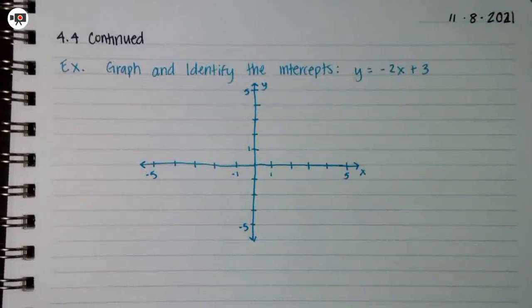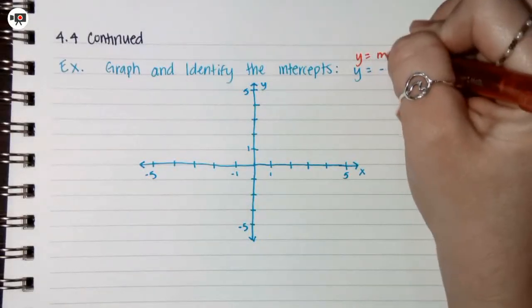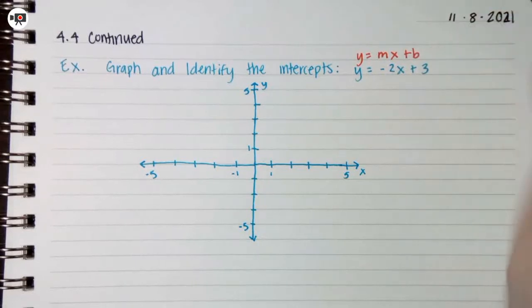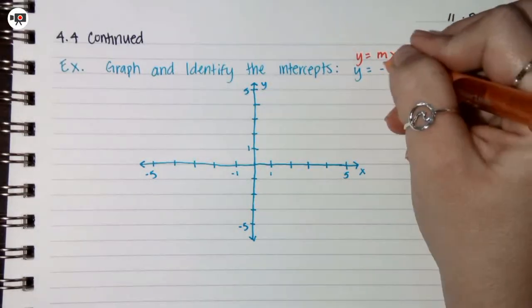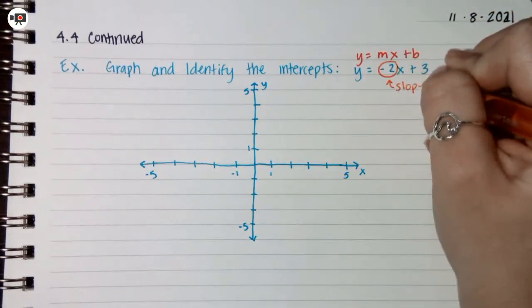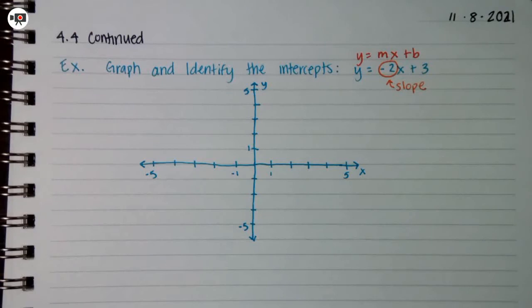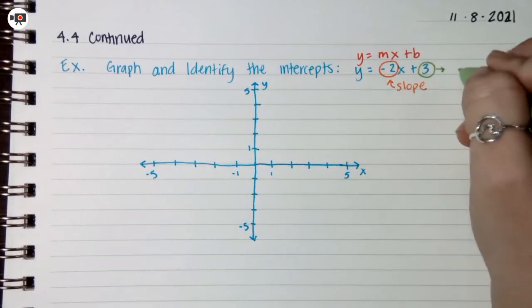When I look at my equation, this is in y equals mx plus b. And we know m is the slope. So my slope is negative 2. And b is the y-intercept. So this b is 3.